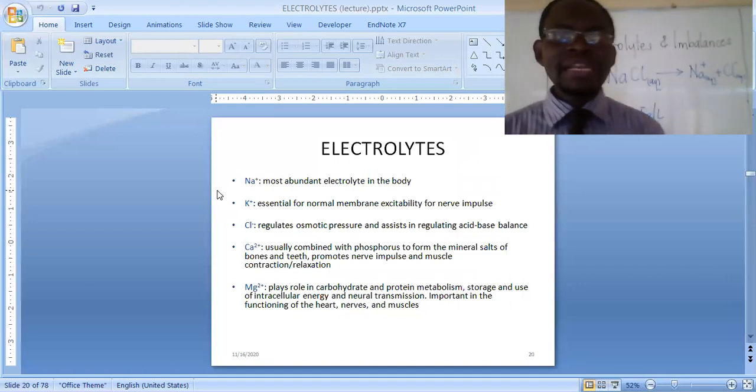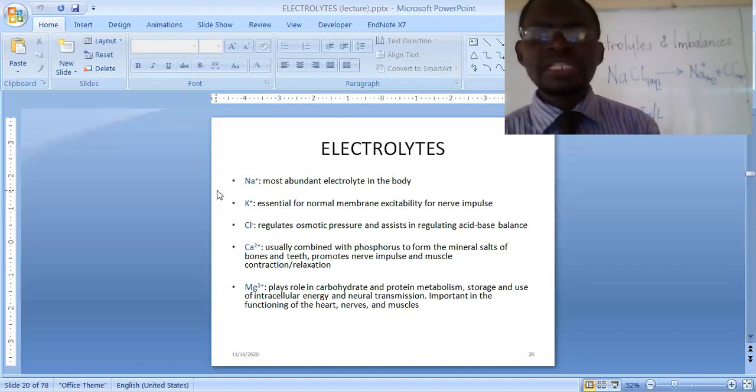Very important to note is that potassium is found mostly, not always, but mostly, in high concentration within the cell, while a higher concentration of sodium is found outside the cell. In other words, it's extracellular.